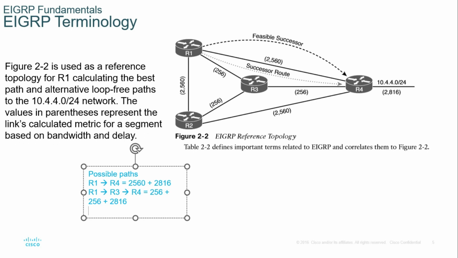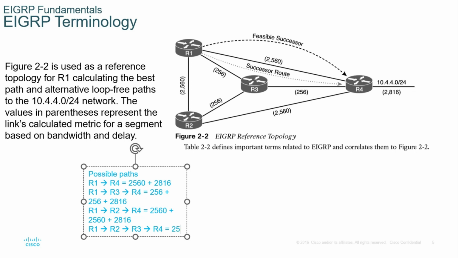Next is R1, R2, R4, okay, 2560 plus 2560 plus 2816, ataupun R1, R2, R3, R4, which is 2560 plus 256 plus 256 plus 2816.